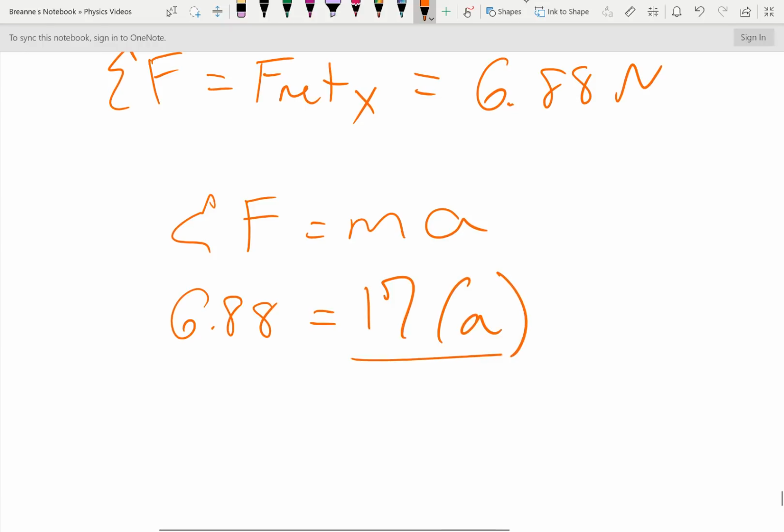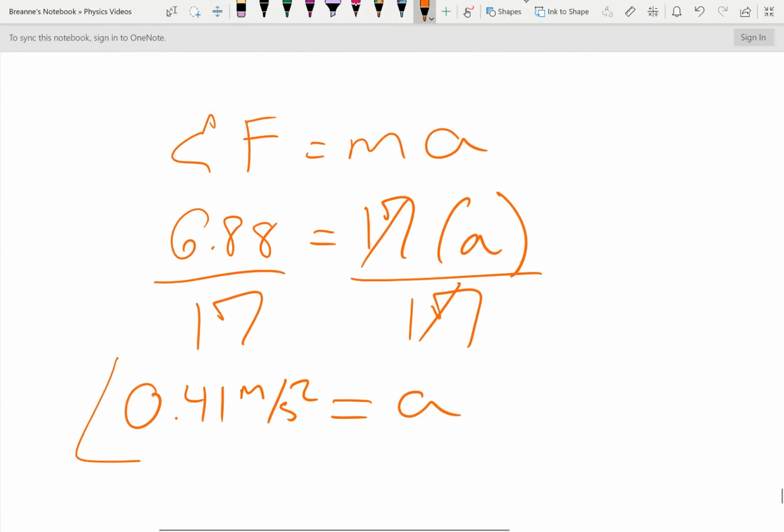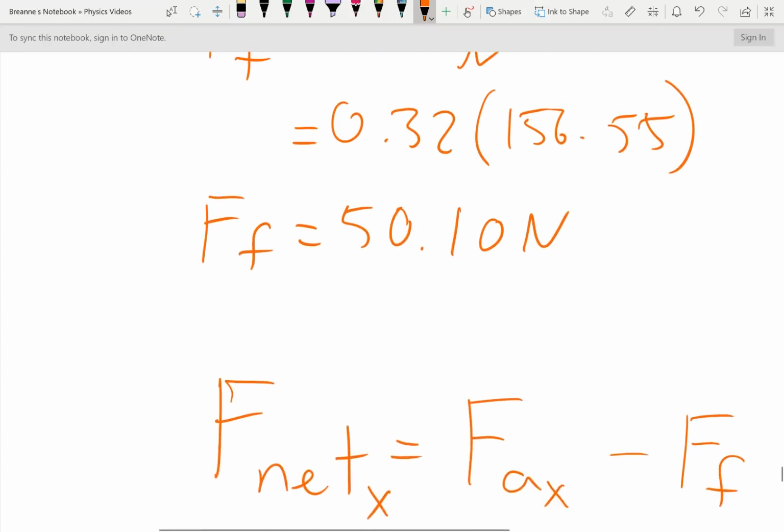You want a by itself. It's being multiplied. The opposite of multiply is divide. So you end up just doing 6.88 divided by 17. And you end up getting 0.41 meters per second squared. So that box isn't moving very fast, but it's moving. So that's how you do each part of the problem.